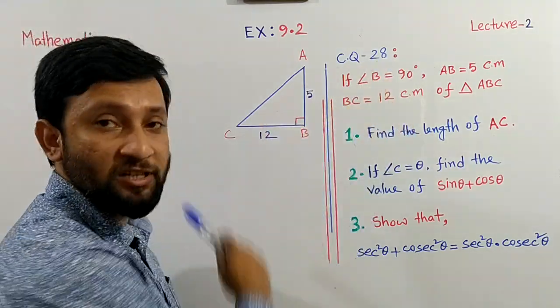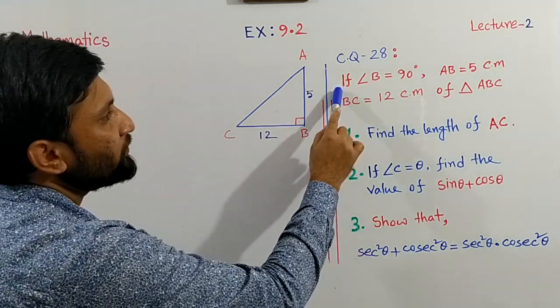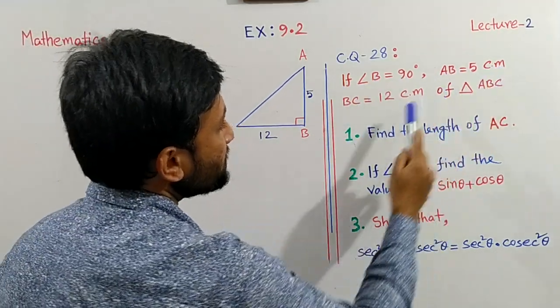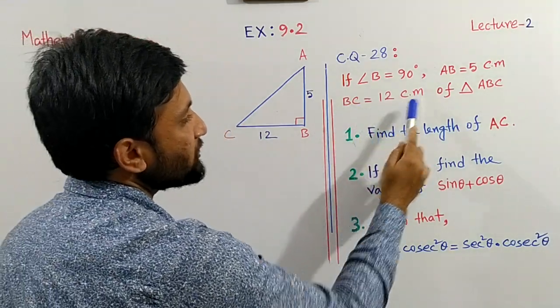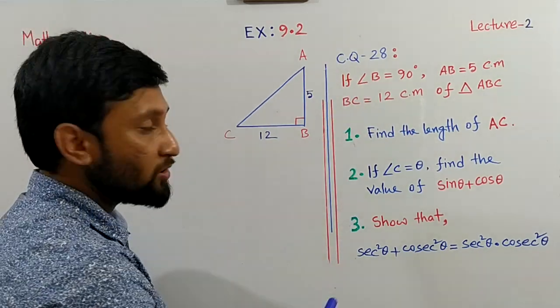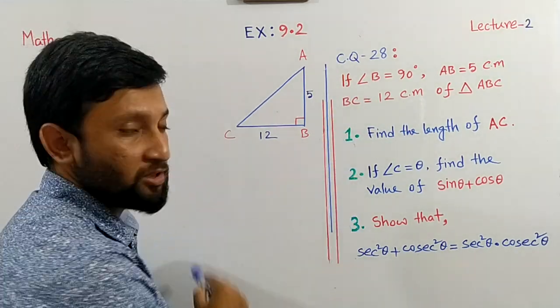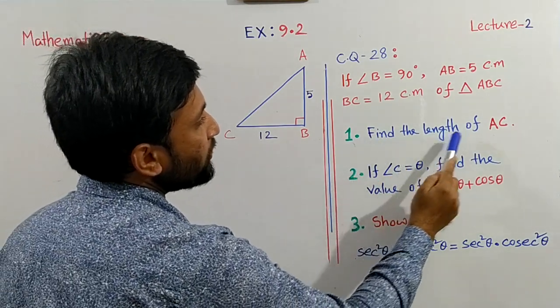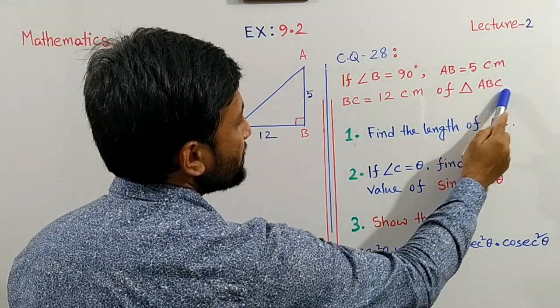Question number 28. The question is, if angle B equal 90 degree and side length AB equals to 5 centimeter and BC equal to 12 centimeter of a triangle ABC. Using this scheme, have to solve 1, 2 and 3. Now first one, the question says that find the length of AC of triangle ABC.